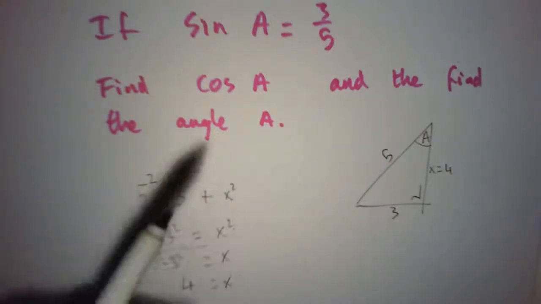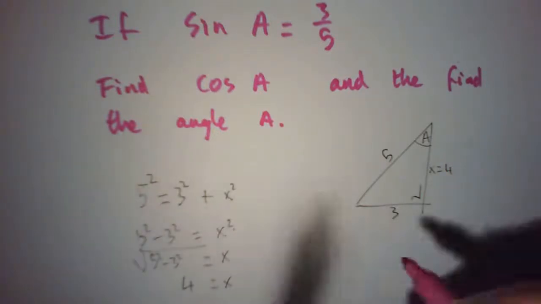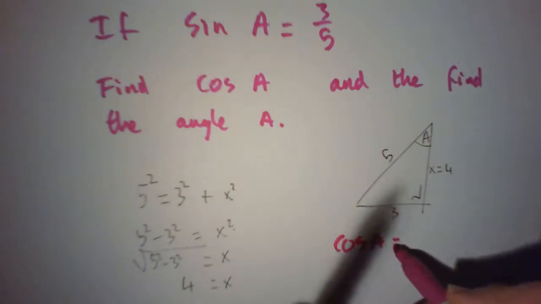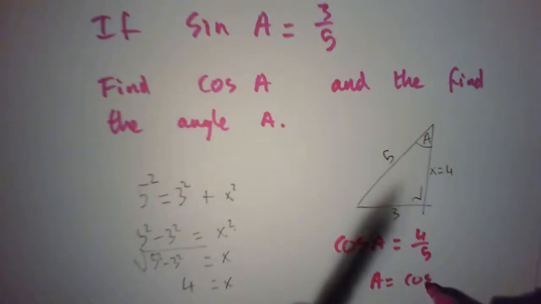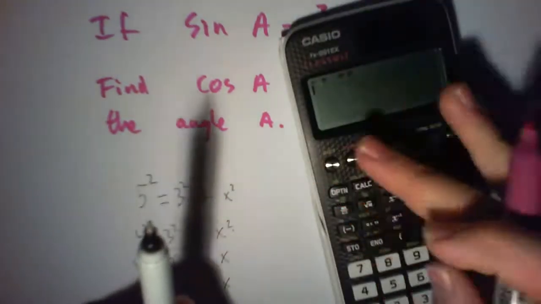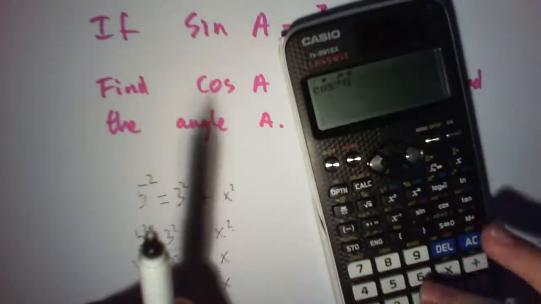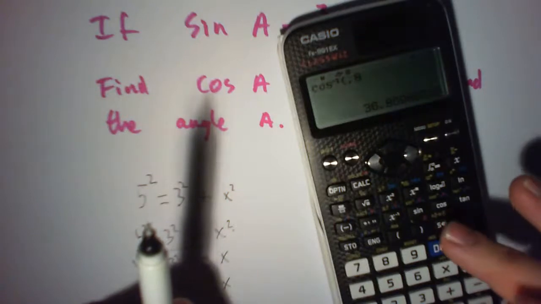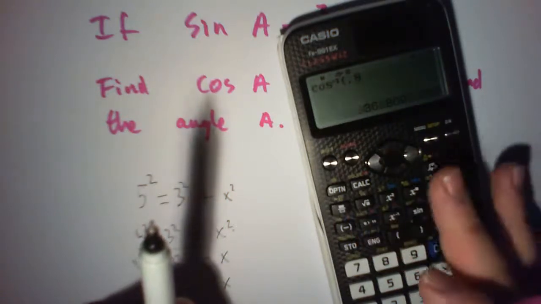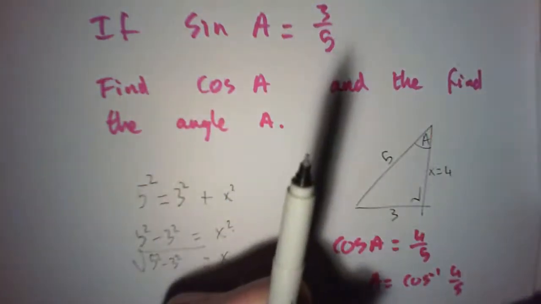So now the cos of A is equal to 4 over 5. And A is equal to the cos inverse of 4 over 5. Cos inverse of 0.8. I'm going to give it in degrees form. 36 degrees, 52 minutes.